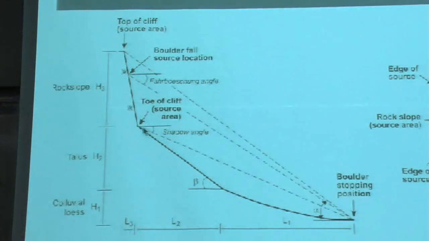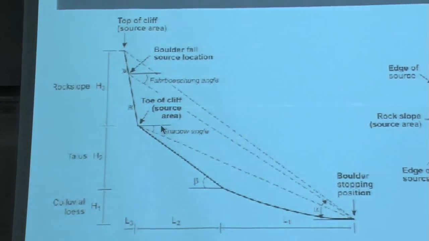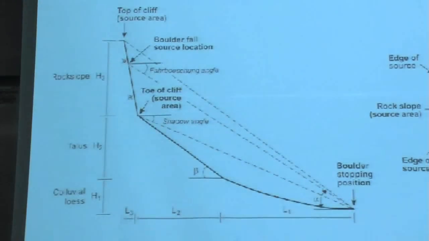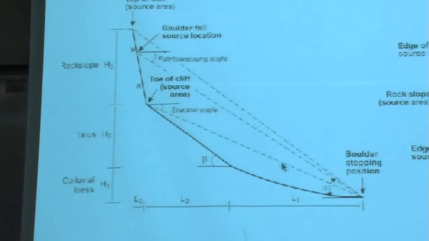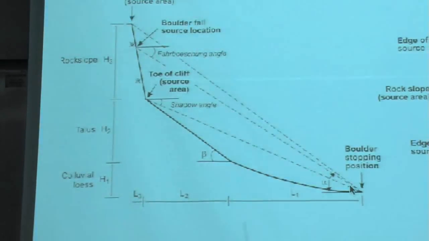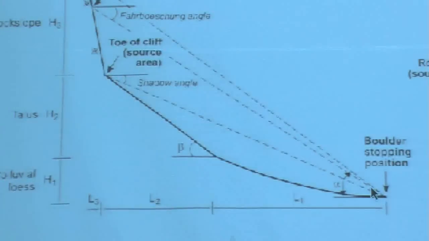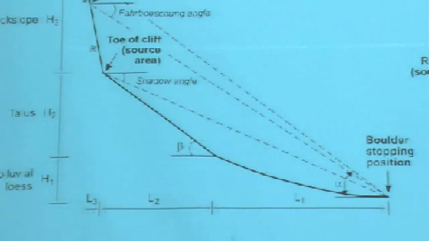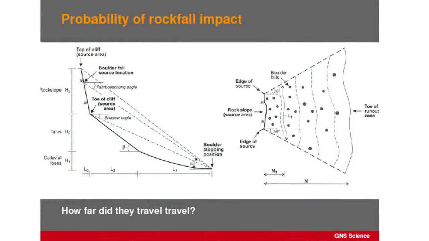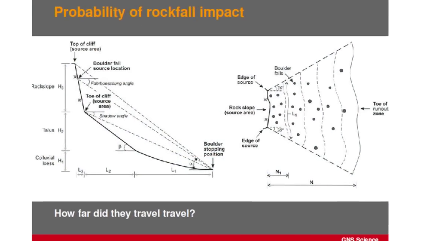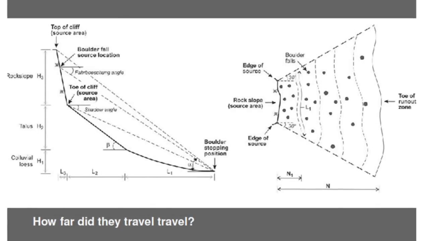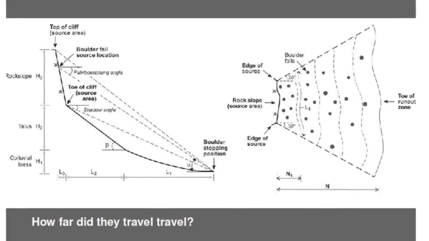That angle there is called the shadow angle, and it's the angle from the horizontal down to the maximum extent of the boulder on the valley floor out here. That's 21 degrees. All of the analysis that's been done on the Port Hills gives us a magical angle of 21 degrees. That means that if you have houses within that 21 degree shadow angle, then you have the potential for boulders from that steeper face to actually hit them. Doesn't mean they will, but it does mean that there is a potential for that to happen.